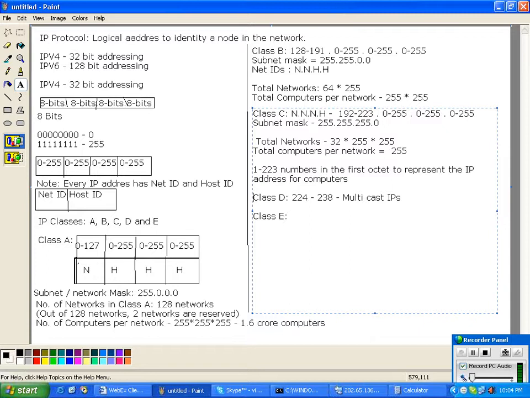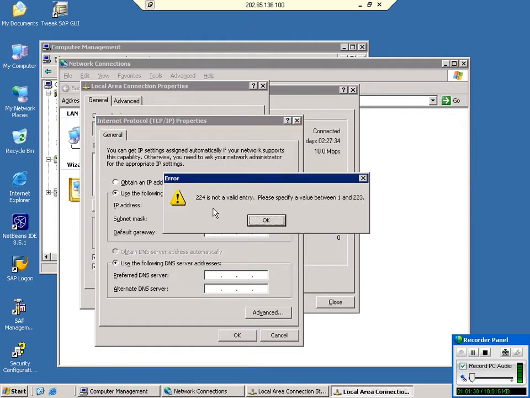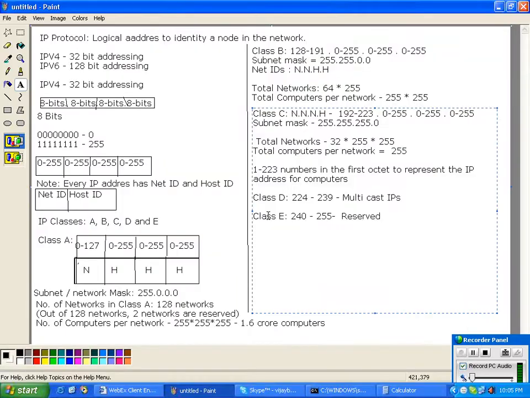Class E, 240 to 255, reserved, and you cannot use this IP. Let me check. If I am using 224, 224 is not a valid entry because 223 is the last one. Why? Because 224 onwards are multicast IPs.